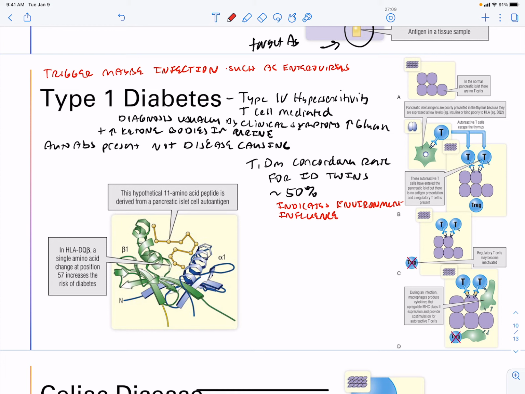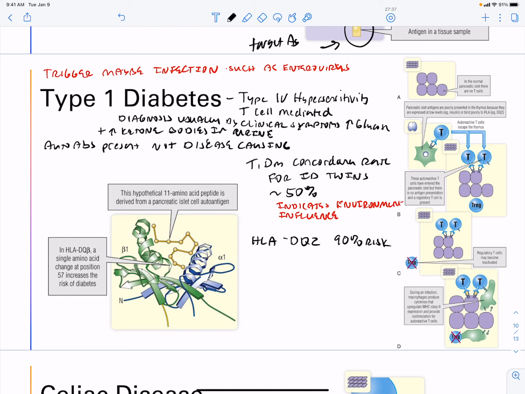And then your HLA subtype, DQ2, has a 90% risk for identical twins.